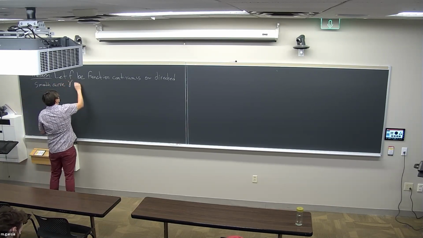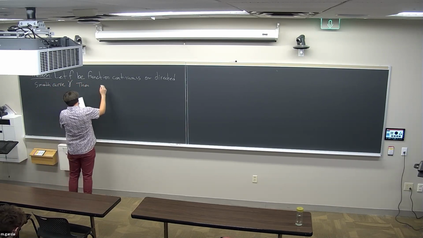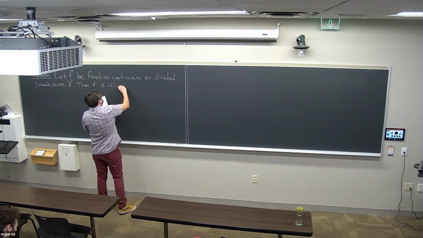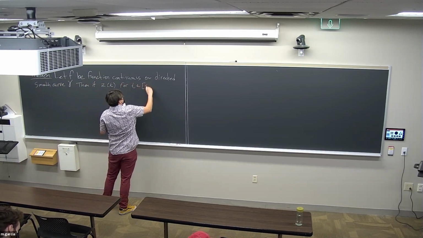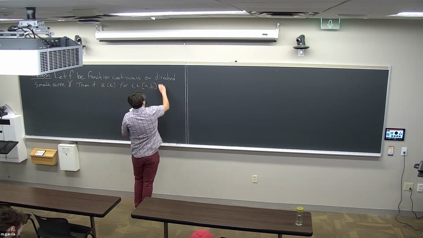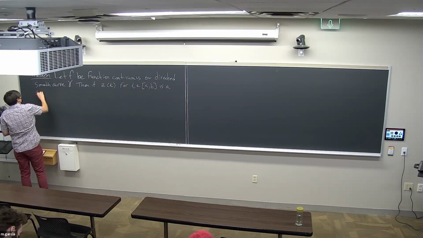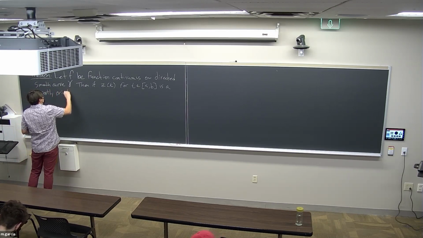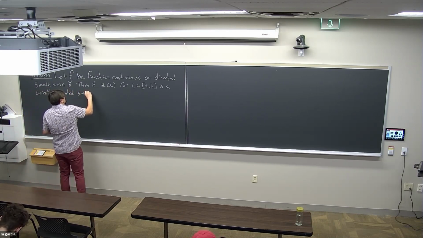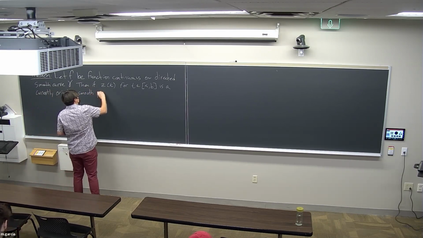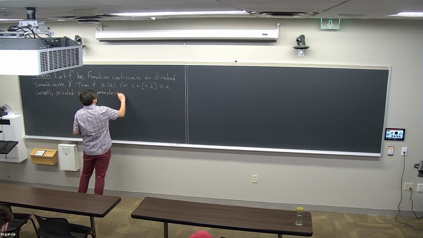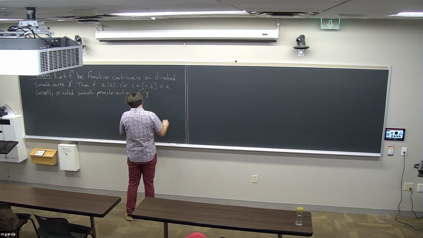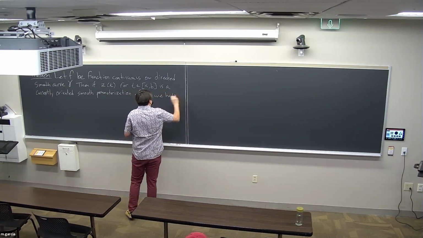Then, if z of t for t in the interval a to b is a correctly oriented smooth parameterization of gamma, we have the following, right?